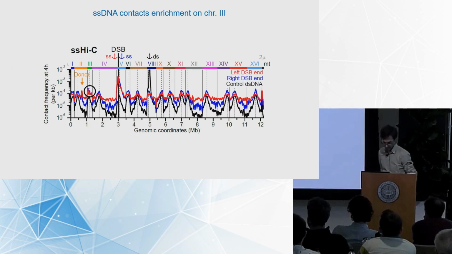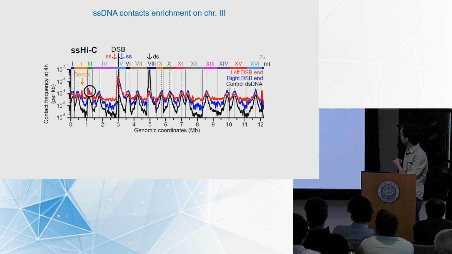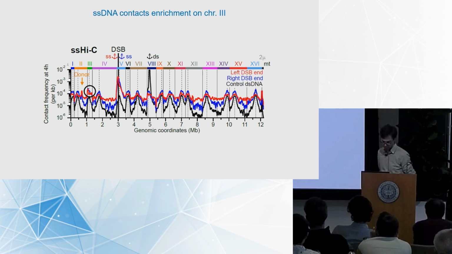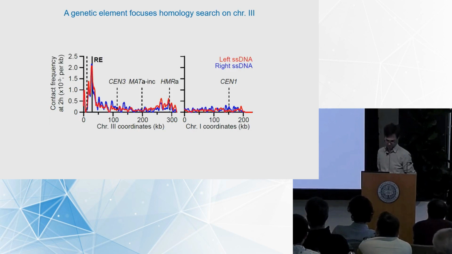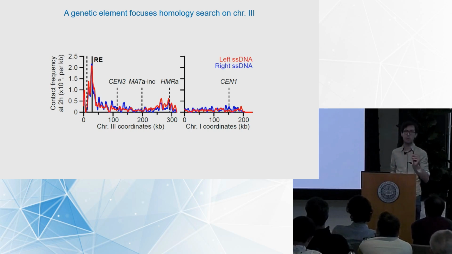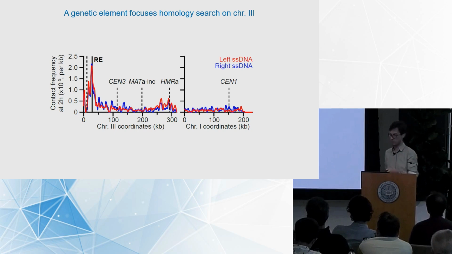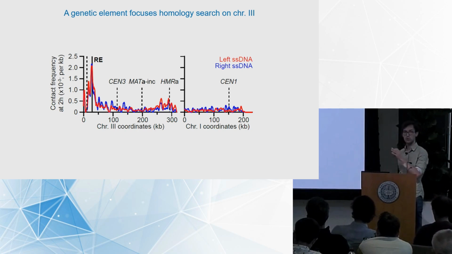All right, so I told you that there were also a few sites enriched for contacts that we could not detect from double-strand DNA alone, and one is chromosome 3. Chromosome 3 is a bit special because it contains a mating type switching system. What defines the mating type of the yeast, and the switch is based on a recombination process.